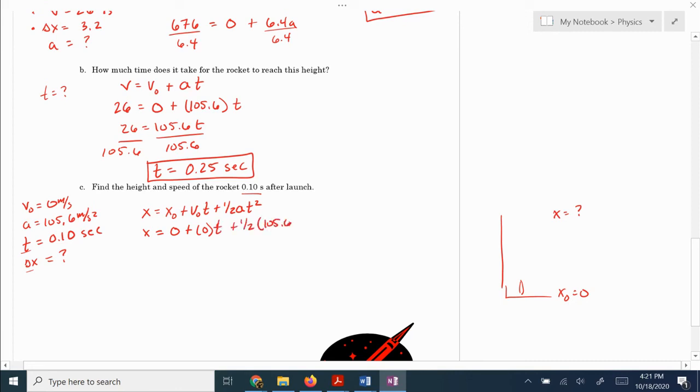And you might be disturbed by this really big acceleration of 105. Keep in mind it's a model rocket, and model rockets accelerate pretty quickly. So that's not a big deal. Zeros, obviously, and 0 times t are going to go away. Oh, shoot, wait, hang on. I forgot to put in the time.